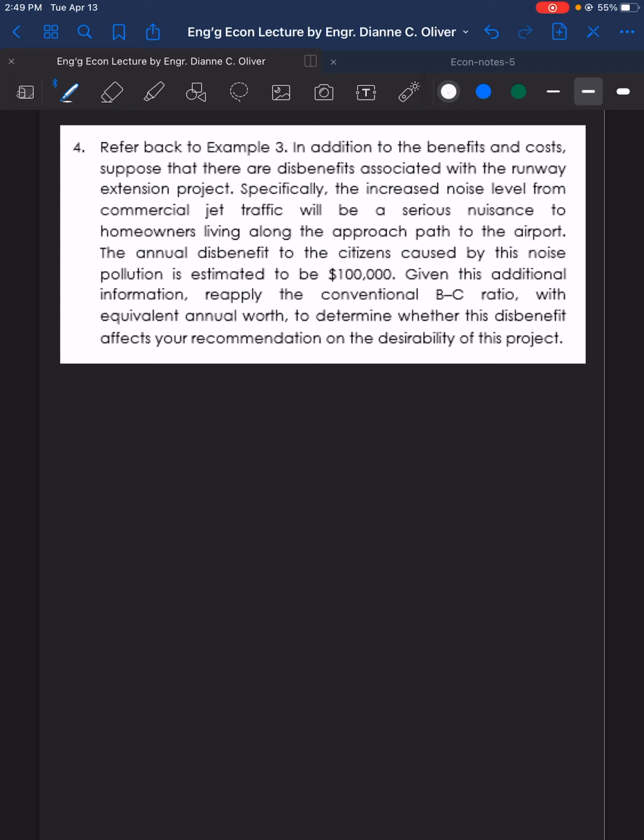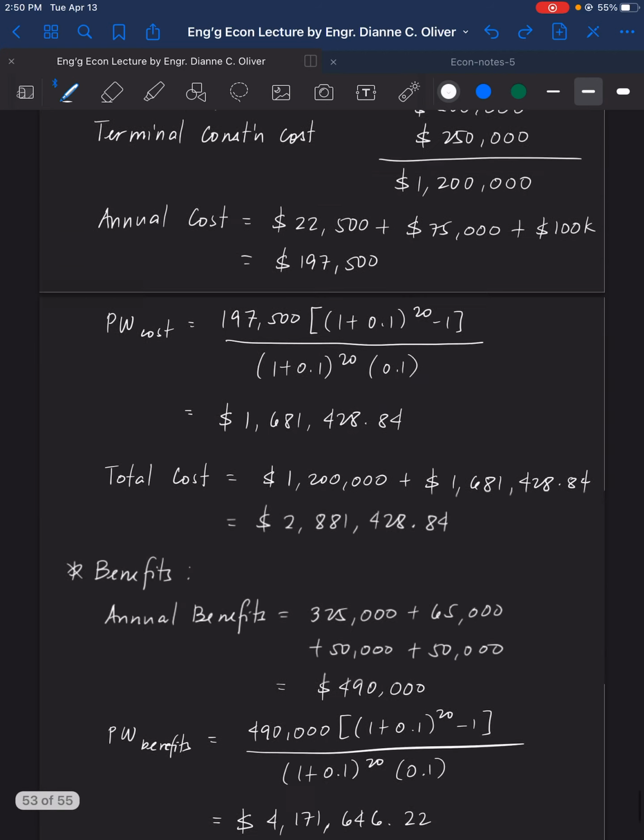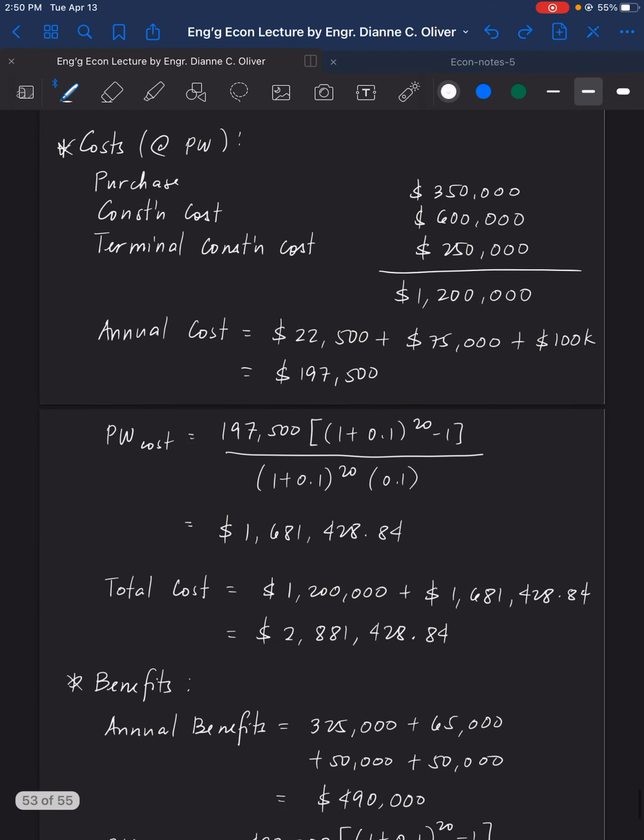So we will have to consider the disbenefit, which is the noise pollution. But in this problem, we will use the annual worth. So what we will just do is convert everything in this solution into annual worth.